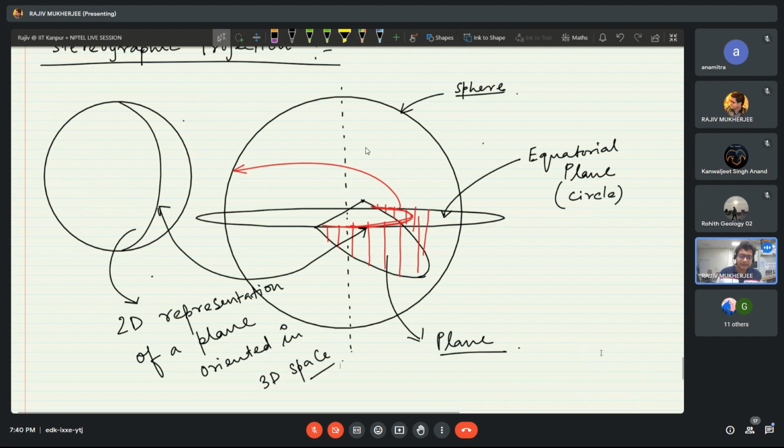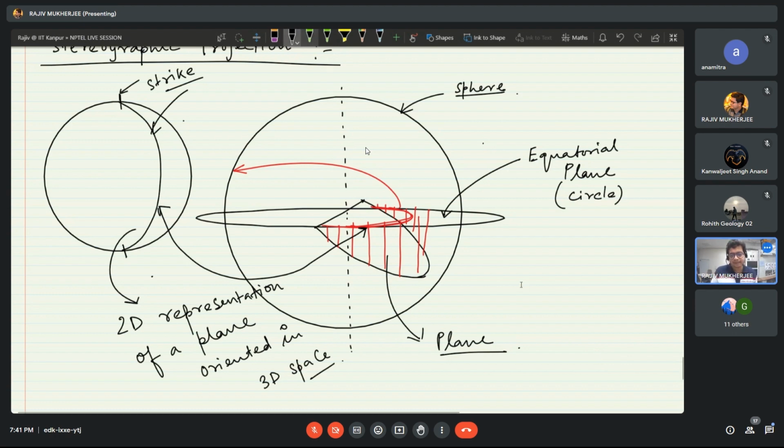So the directions we get here, these two ends where this plane cuts the horizontal plane, are essentially the strike, because strike is nothing but the intersection line between an inclined plane and a horizontal plane, right?